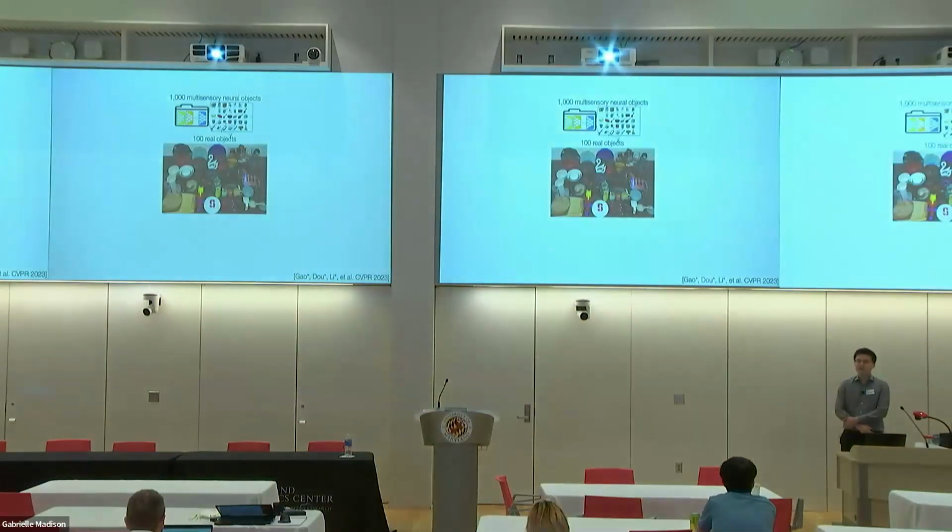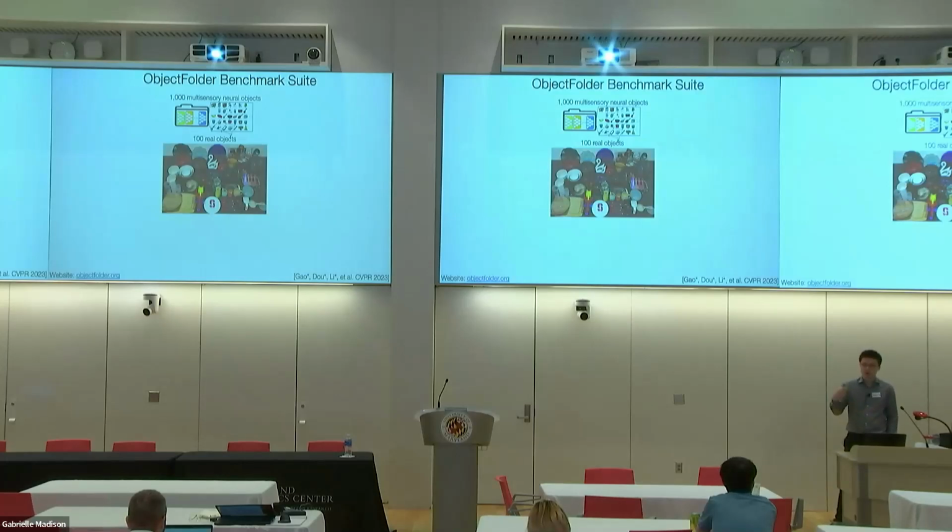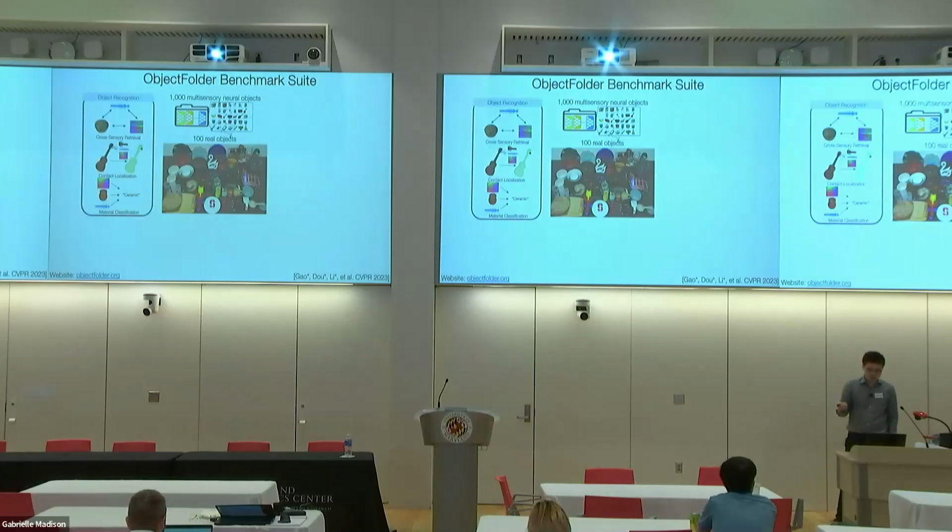So then, building on top of this real multisensory data collected from 100 real objects and the 1,000 multisensory neural objects I talked about, we also introduced the benchmark suite, where we tackle different types of object-centric tasks.